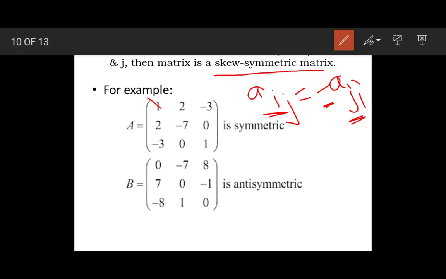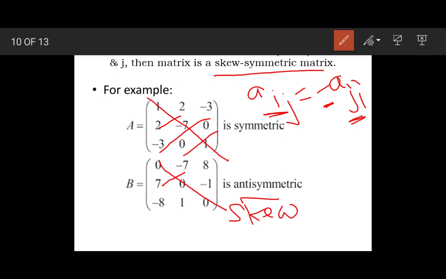For example, see, this one is a symmetric matrix. Leave the diagonal elements, then the cross elements are the same: 2, 2, minus 3, 0, 0, right. Now in anti-symmetric or skew symmetric, leave the diagonal elements. Here see, cross elements are the same but opposite in sign.